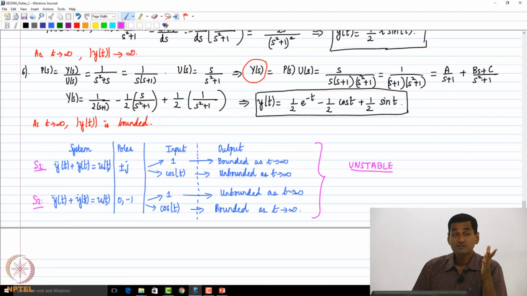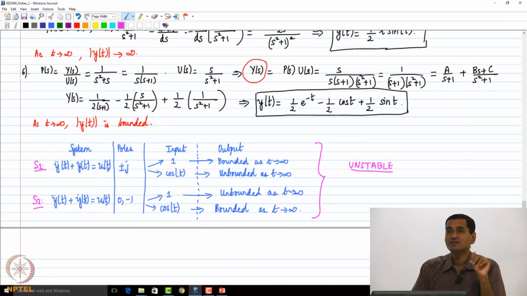So if you want to figure out the output response to an input and comment on stability, don't choose impulse and ramp, because they are not bounded inputs to begin with. So if we choose step input, the output of S1 was bounded, and if you choose sinusoids of any other angular frequency other than omega equals 1, the output will be bounded.